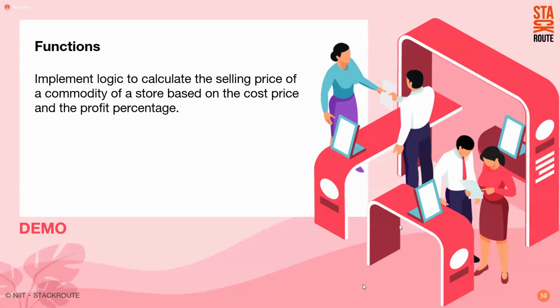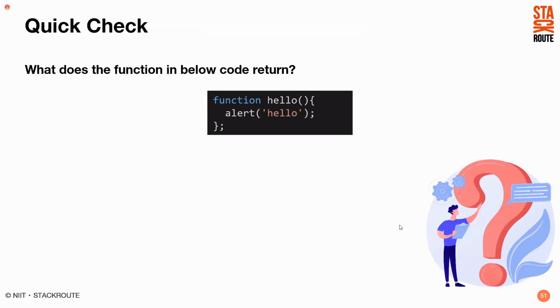That's it. Okay, one last, just a minute question. What does the function in the below code return? Function hello, alert hello. What is the return type? Do we have a return keyword and return type? No, ma'am.